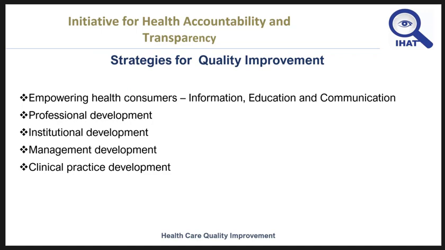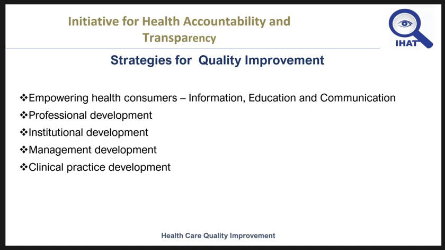Now we'll be looking at the various strategies of quality improvement. What are the strategies you need to put in place for quality improvement? First, we'll be talking about empowering health consumers by way of reaching them with information, education, and communication. Empowering consumers is to help them develop self-awareness, self-care, and promote the understanding that consumers can be equal partners in their healthcare decisions.